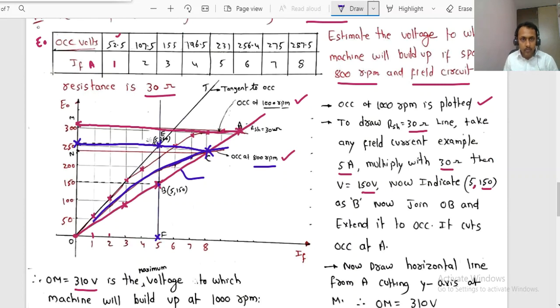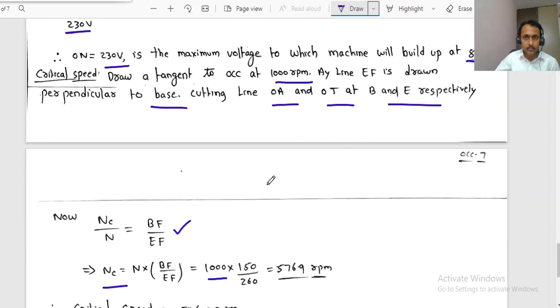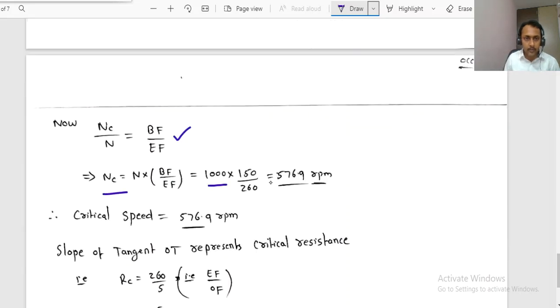BF by EF length is 150 by 260, which gives 576.9 rpm. So the critical speed is 576.9 rpm.